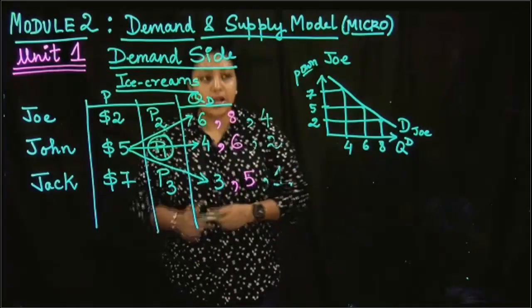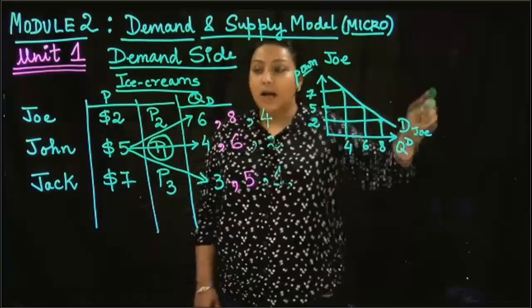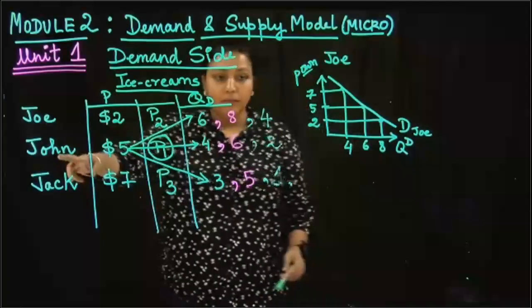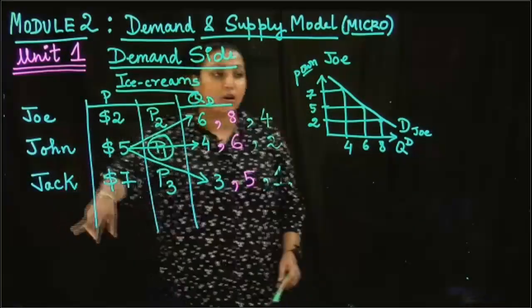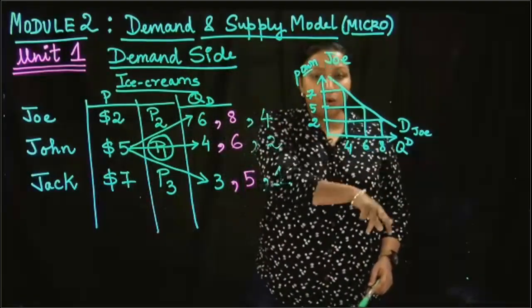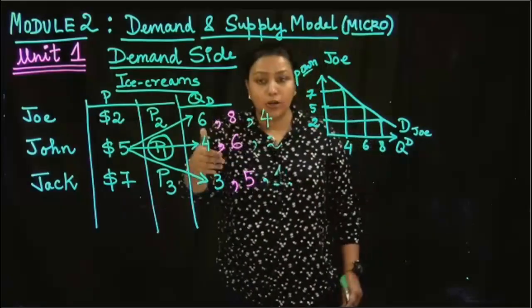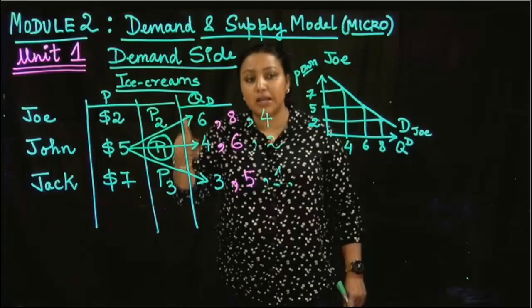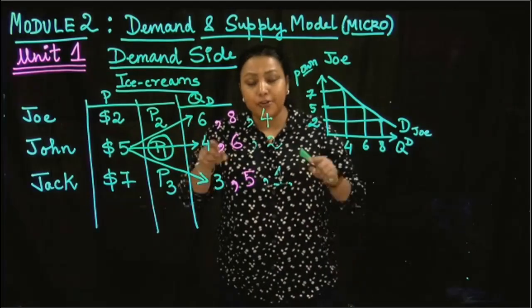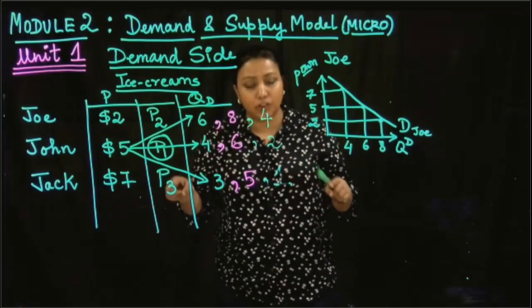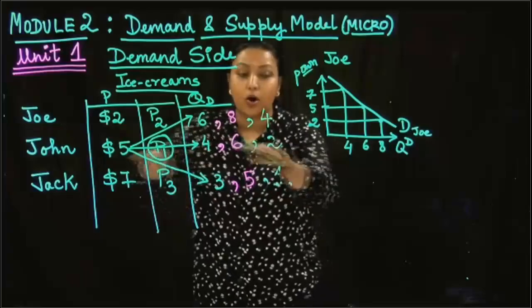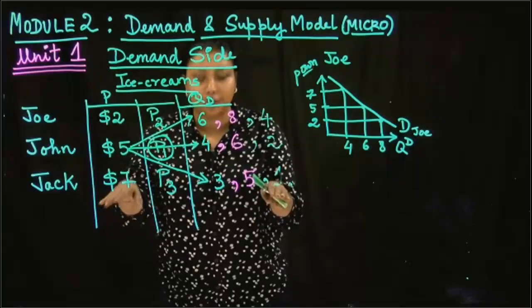Now similarly, I could draw a demand curve for John and I could draw a demand curve for Jack. Please note, and you can try to do them on your own, I am not putting them on the board, but if you draw them, you will see that you will get very different price and quantity relationships depending on what combinations you have for each individual.